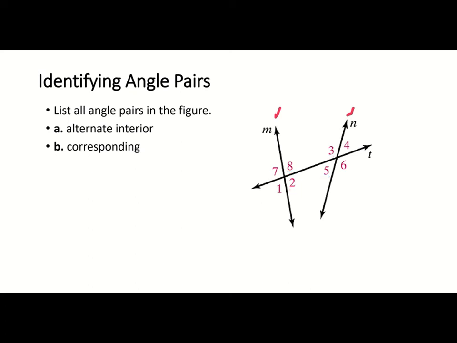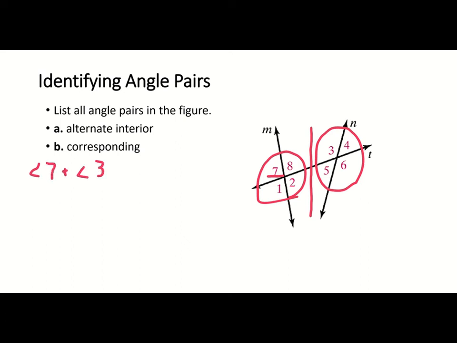Okay, now we are going to look at corresponding angles. Again, if I were to cut this in half right here and take these angles and lay them on top of these, what would match up? I know that 7 is right here in the upper left, so angle 7 and angle 3 is one pair of corresponding angles.